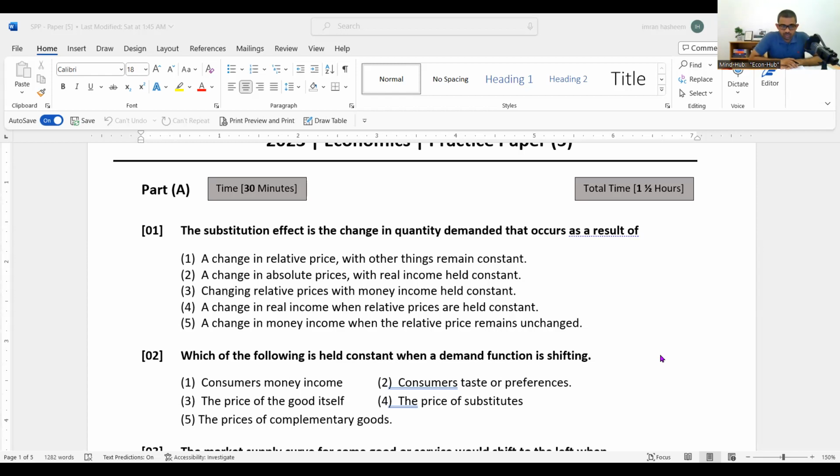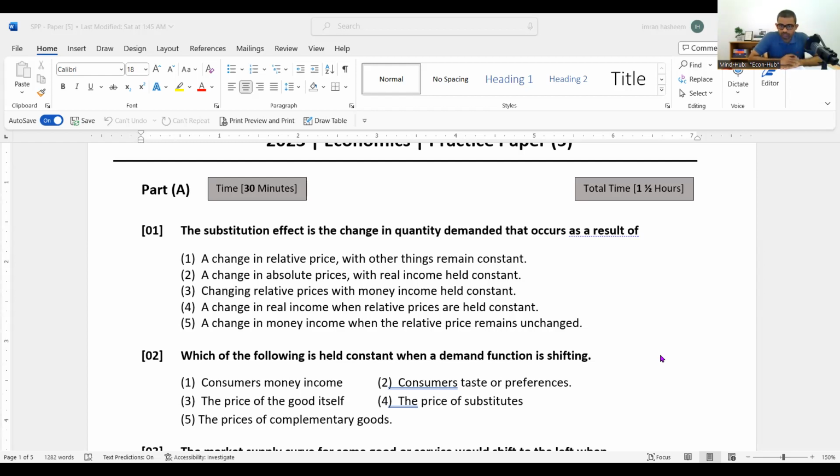Change in absolute price, no, that's wrong. Change in relative price when money income is held constant. In the second answer, even the real income held constant is wrong, because when price changes, real income also changes. A change in real income when relative prices are held constant, no, that's not correct.